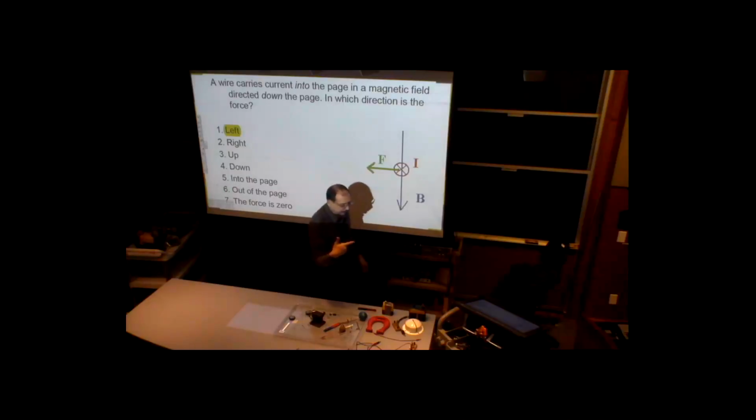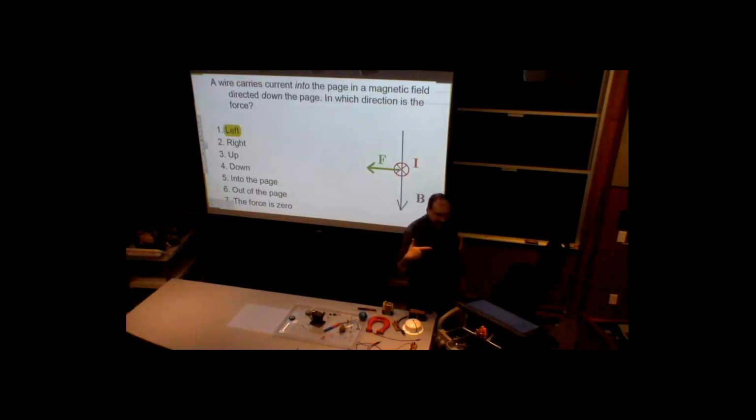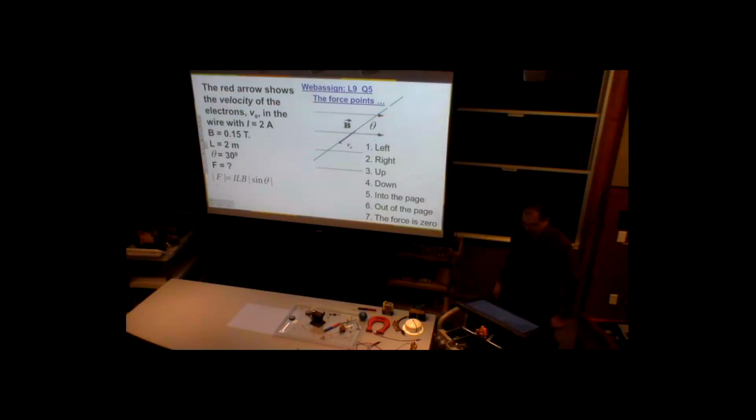Of course, you don't have to use a hand. You can take scissors, cut 3 arrows, glue them up together, call them IBF, and use it, rotate it. Now we're going to first answer a question about the magnitude, about the direction, and also calculate the magnitude.